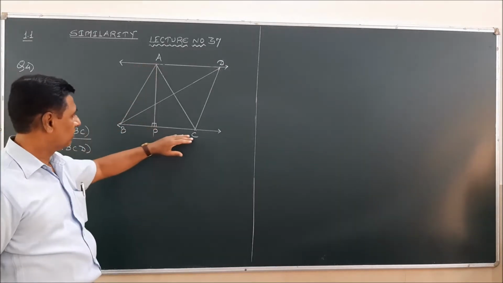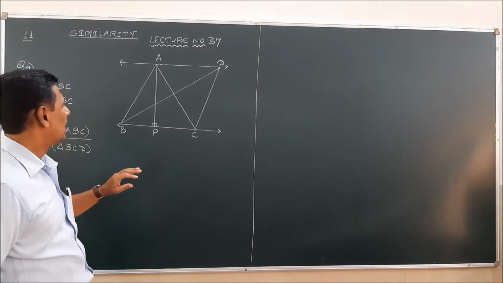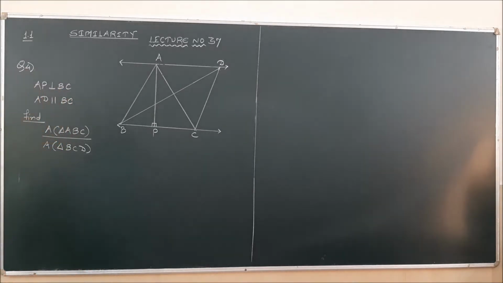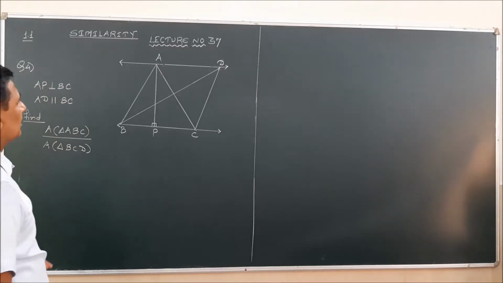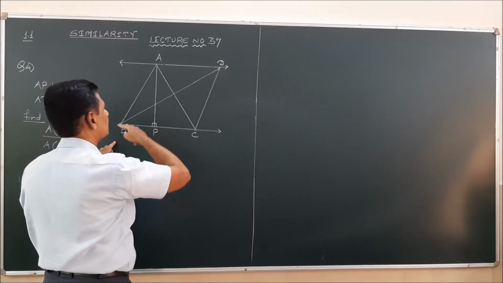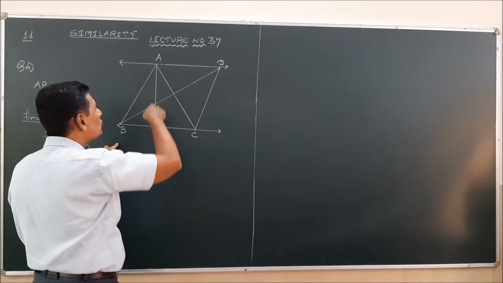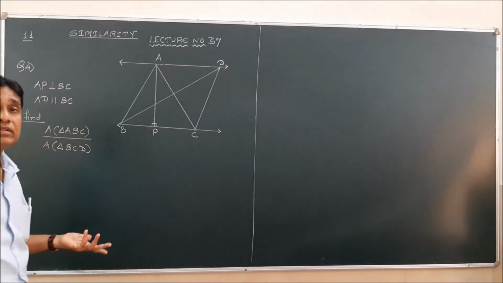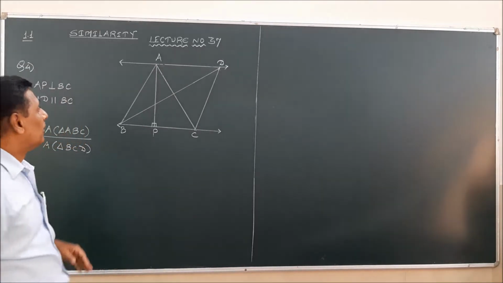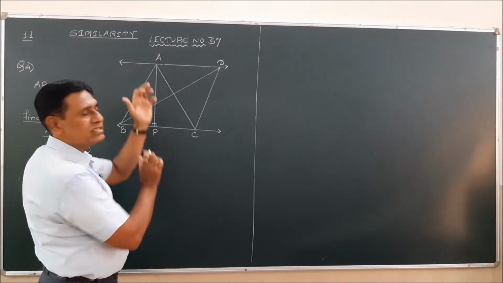AP is perpendicular to BC. Correct? And you will also notice one very important thing, that for triangle DBC, AP is the height. You will be surprised how. Because you will find it is given AD parallel to BC.